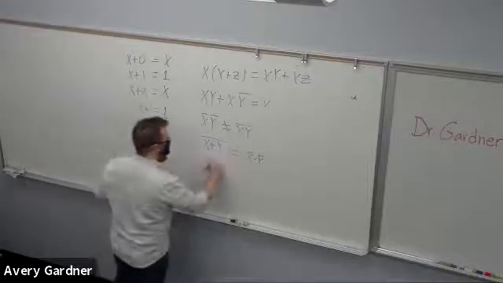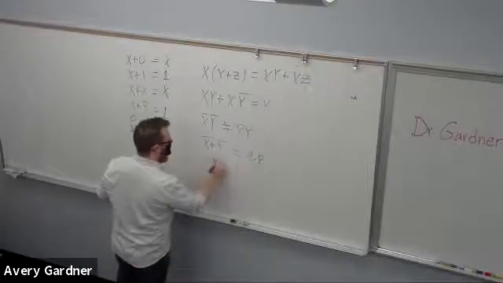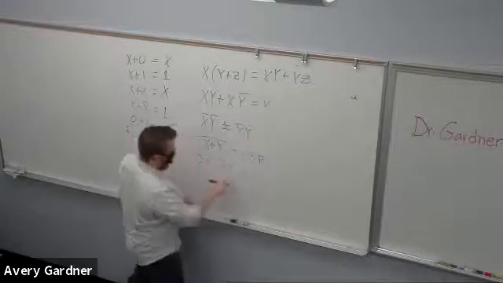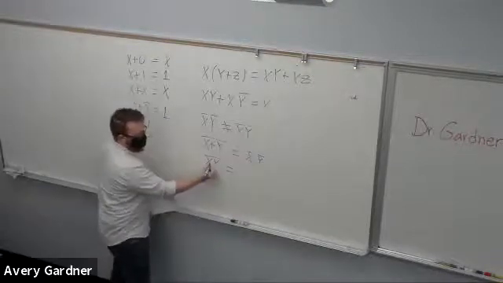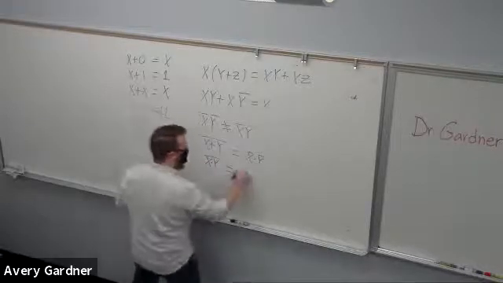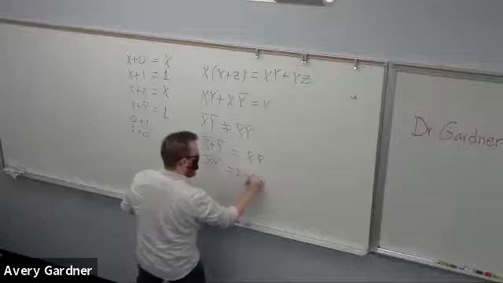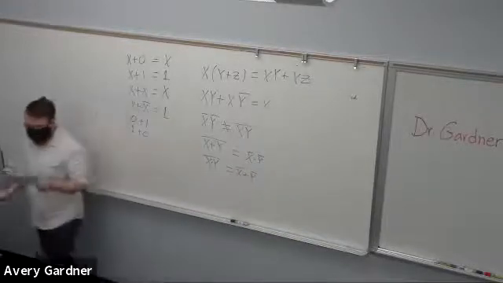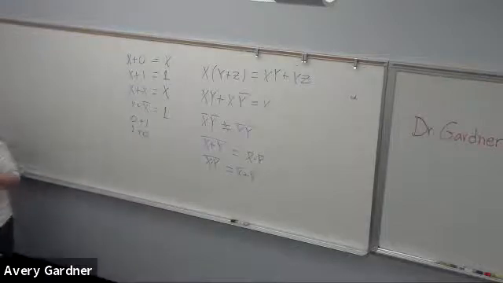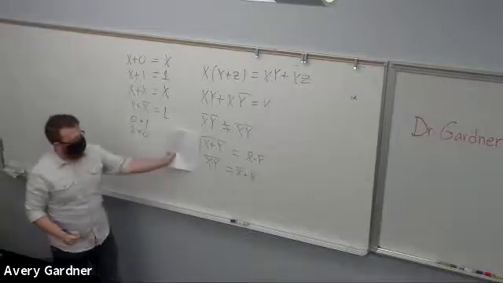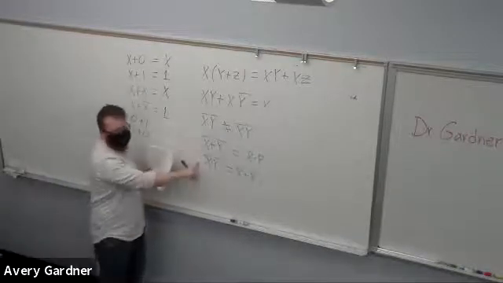Similarly, for x and y, I flip ands to ors, going back the other way, and each of those gets a bar. So these two are what we call De Morgan's theorem.